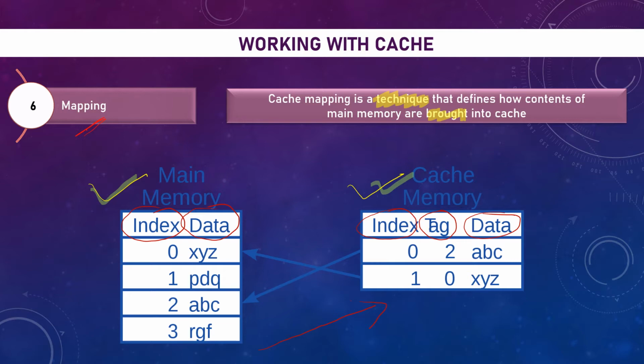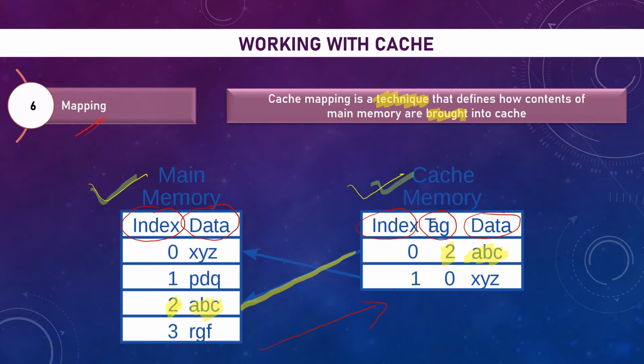See this example. In the cache memory there is a data ABC, and this ABC is from this location in main memory. This ABC's index is 2. So in the cache, the index of main memory becomes the tag.